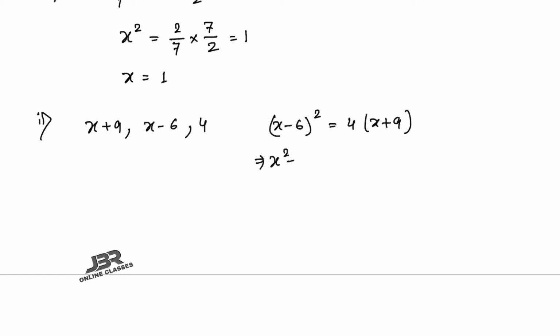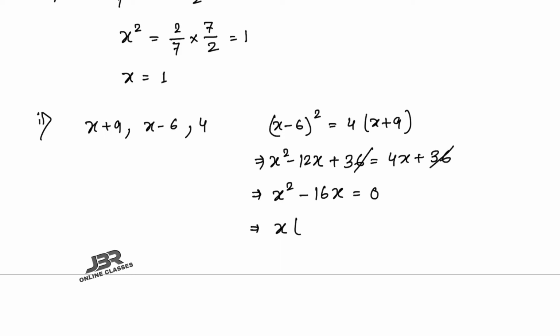So x square minus 12x plus 36, equals 4x plus 36. 36 cancel out, here x square minus 16x, that one equal to 0. So x into x minus 16 equal to 0. So x equal to 0 or x equal to 16. Now here definitely the value of x equal to 16, not 0.